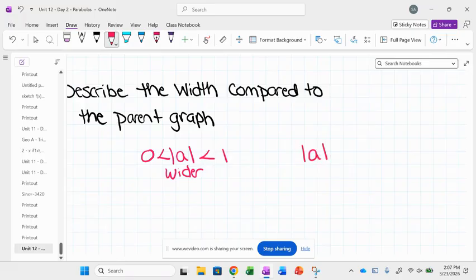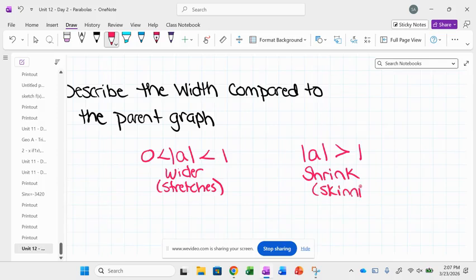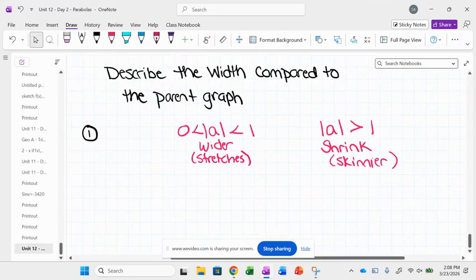If the absolute value of a is greater than 1, it's going to shrink or be skinnier. So wider or stretches, shrinks or skinnier.